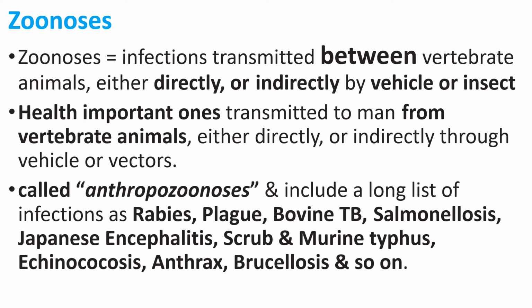They include a long list of infections such as rabies, plague, bovine TB, salmonellosis, Japanese encephalitis, scrub and murine typhus, echinococcosis, anthrax, brucellosis, and so on. A long list. We will describe them in the chapter of zoonoses.